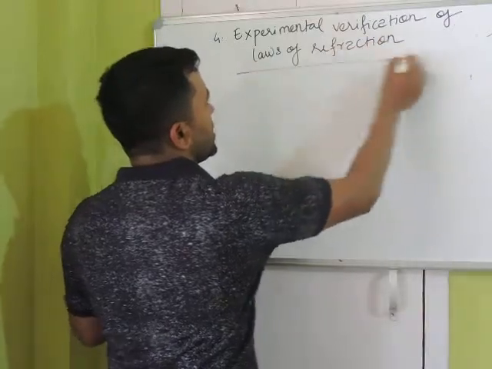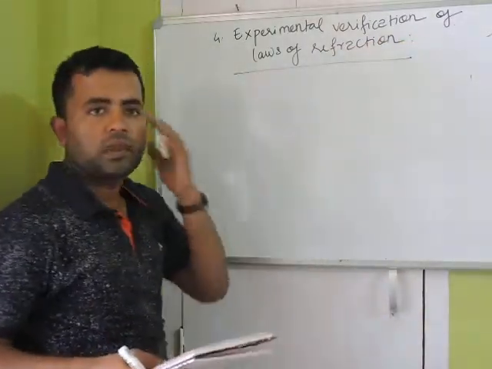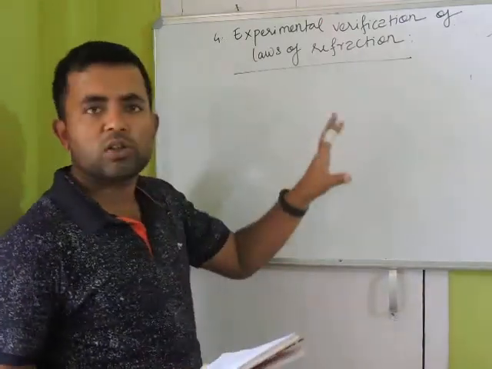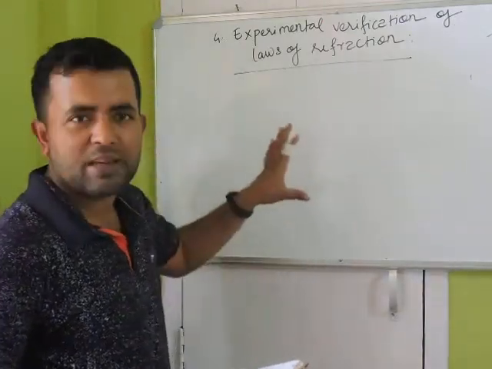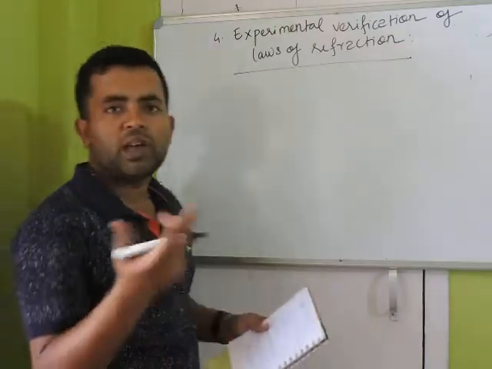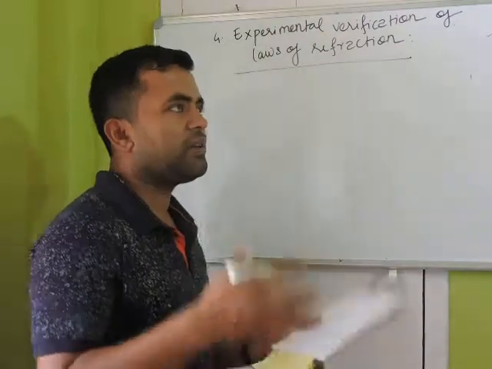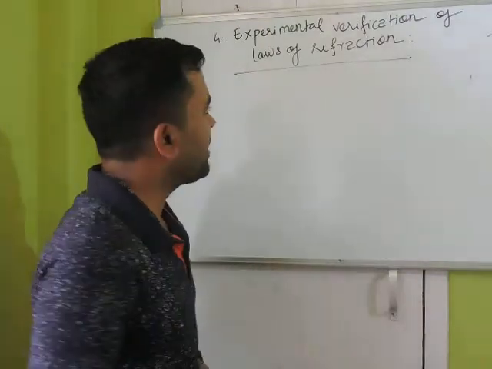As the name suggests, it should be carried out in a lab actually, but it's there in your theory part also. It's very simple. We know we have 2 laws of refraction. One is Snell's law, and the other is that the incident ray, refracted ray and perpendicular all lie in the same plane.